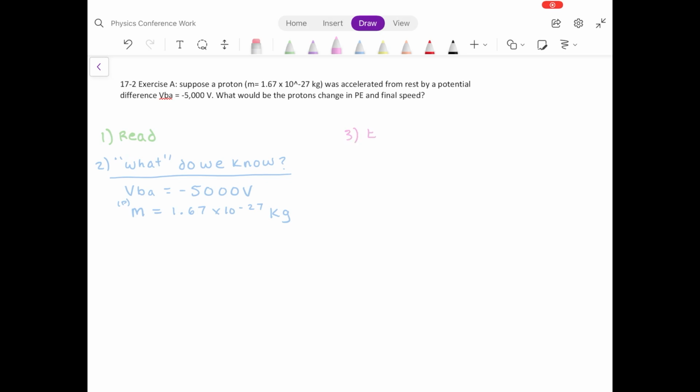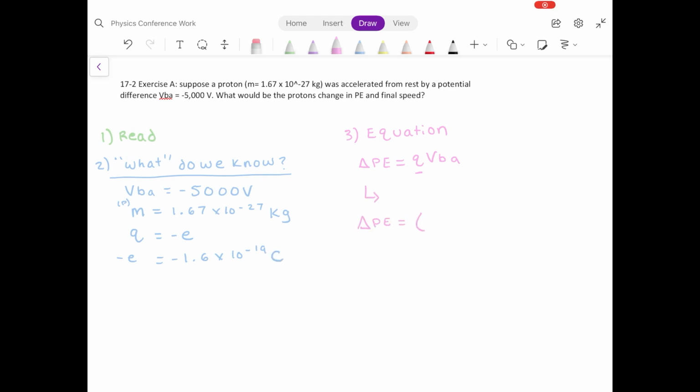Now we can start on step 3, which is figuring out the equation to use. So we know that the change in potential energy can be calculated by change in potential energy equals Q times V_BA. If we look at our equation sheet, we can see that Q is equal to negative e, and that negative e is equal to negative 1.6 × 10^-19 coulombs.